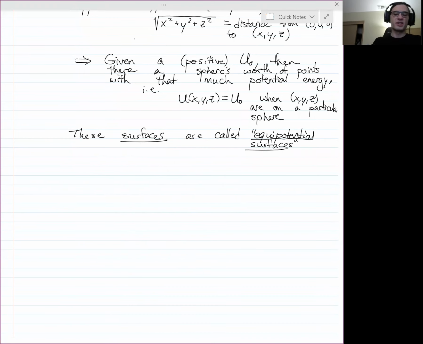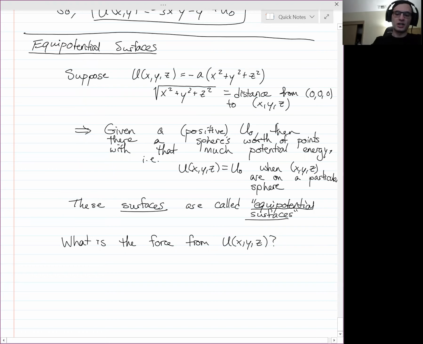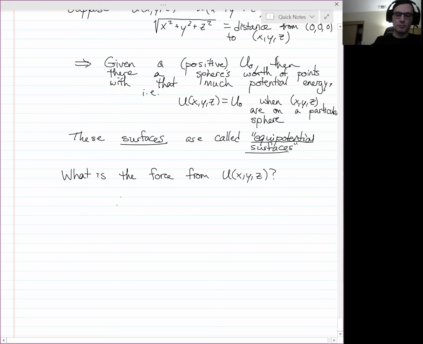So the question is, or you might ask, what is the force from this potential energy function? Well, we can do that relatively easily. Just take derivatives with respect to each term. I'm not going to do it in a whole lot of detail, but you take the negative partial derivative over and over again, and you get that the force is 2 times a times x i hat plus y j hat plus z k hat.